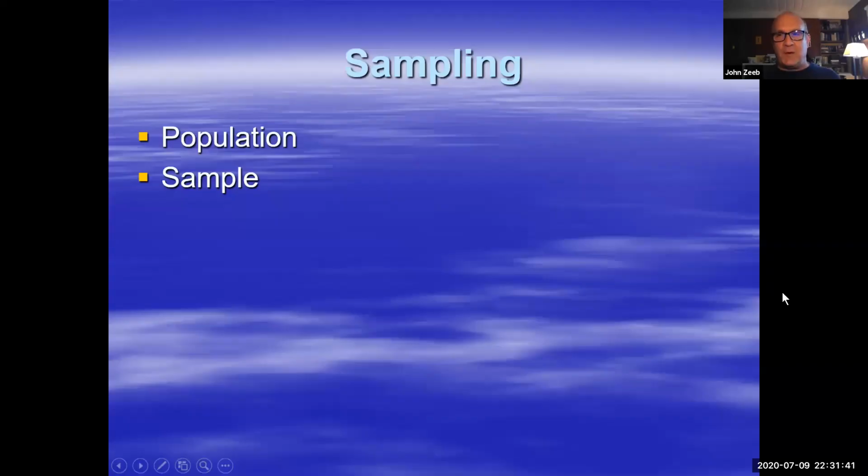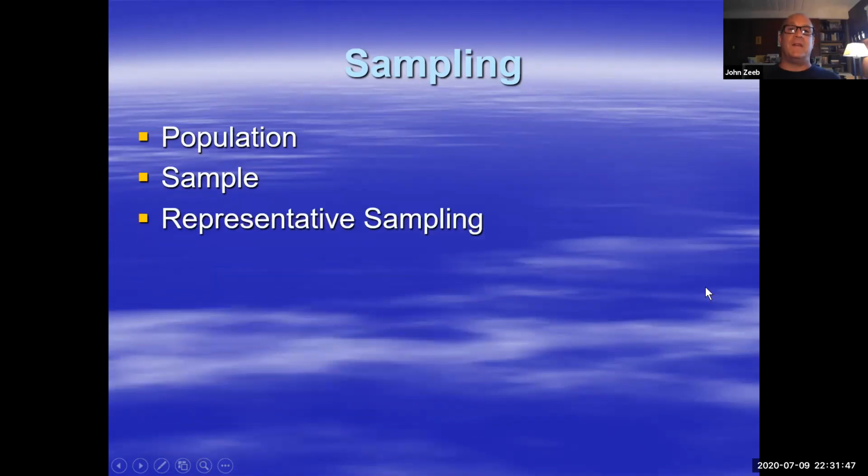All right, so when we're doing research, in most cases, we want to basically do what's called representative sampling. In other words, we want our sample to represent as closely as possible all of the key features seen in the population. So for example, let's say we've discovered that our population is 90% female and 10% male.